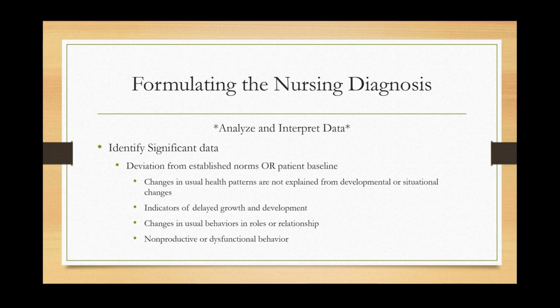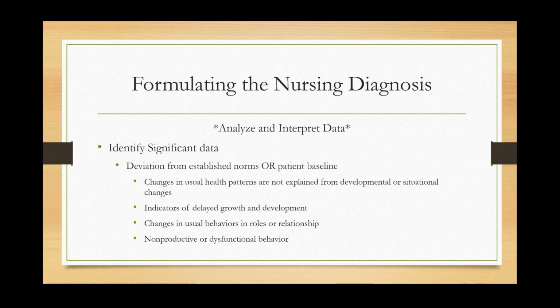However, recently in the last couple of days, they've had to wear oxygen even during the daytime because they can't get enough. They have a hard time breathing. That is a deviation from the patient's baseline. They're already deviated from the established norms because they have to use oxygen at night. But now they're even farther away from that. They're away from their own normal, because now they're wearing oxygen 24 hours a day.